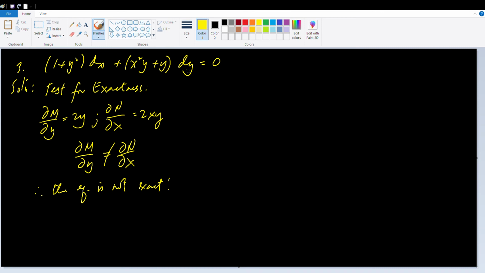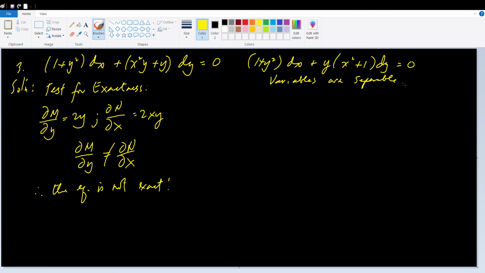For the coefficient of dy, take note, we can factor y. So x squared plus 1 dy. And we see that the variables are separable.